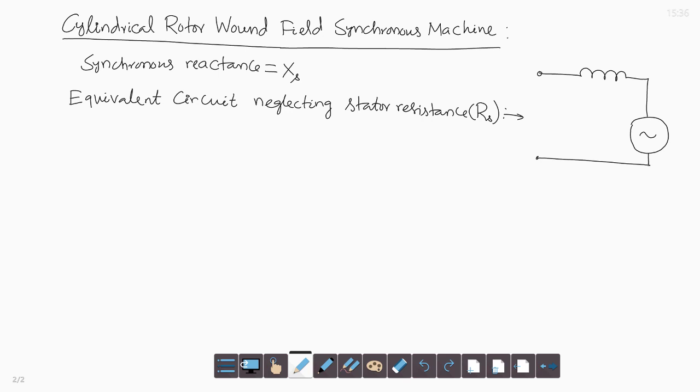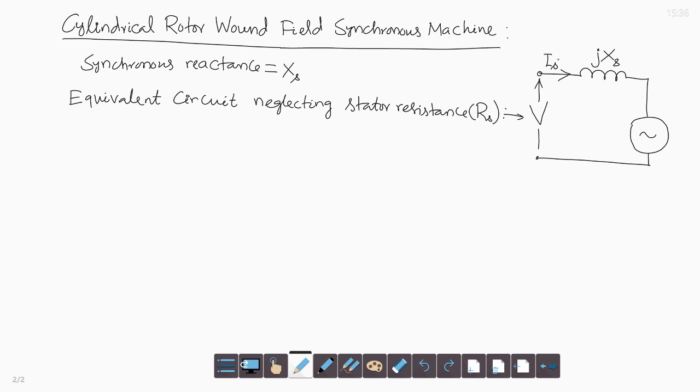So, we have the stator winding which has the synchronous reactance jXS, and the supply voltage is given in a synchronous motor. The supply voltage V is given, which we take as the reference phasor, and it circulates a current in the stator winding.